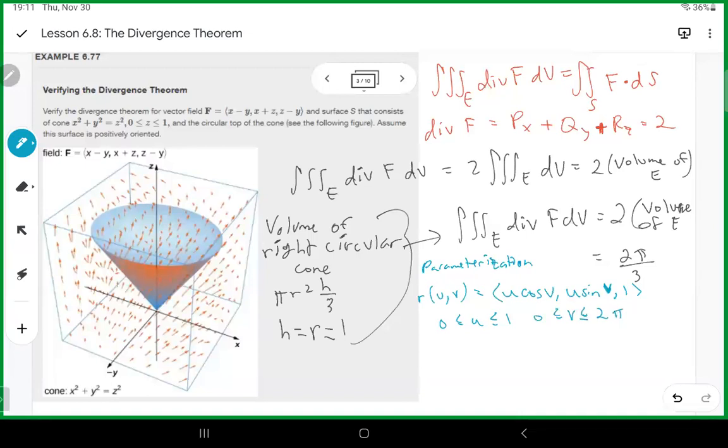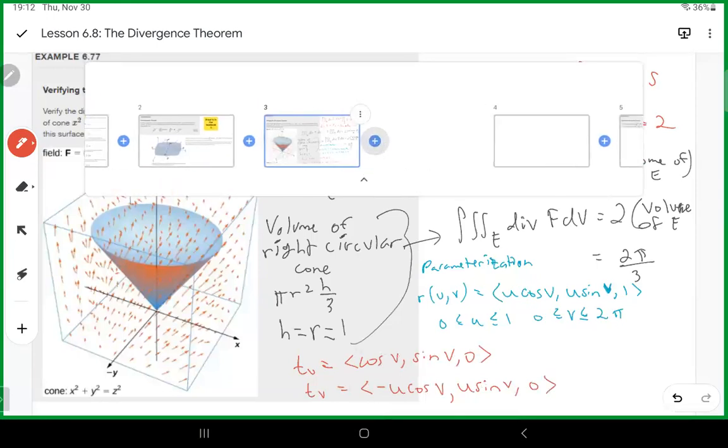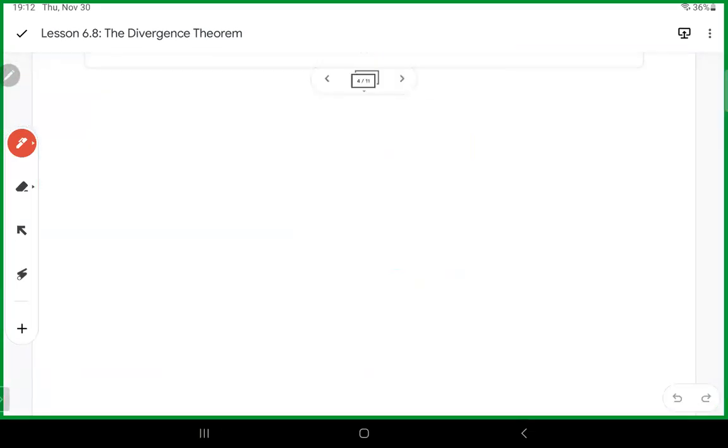And then we have our tangents. Okay, so then I have to add another slide for us, probably maybe 2.